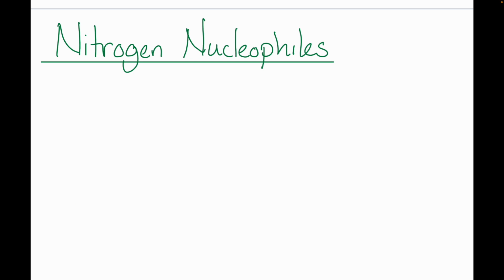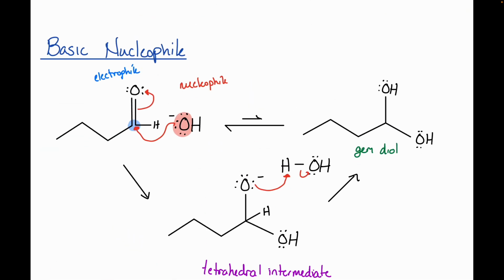Most of our nucleophiles are very straightforward. We get this add-on of our nucleophile and our carbonyl oxygen becomes a hydroxyl group. That's this common theme we've seen over and over and over again, regardless of what nucleophile we chose.